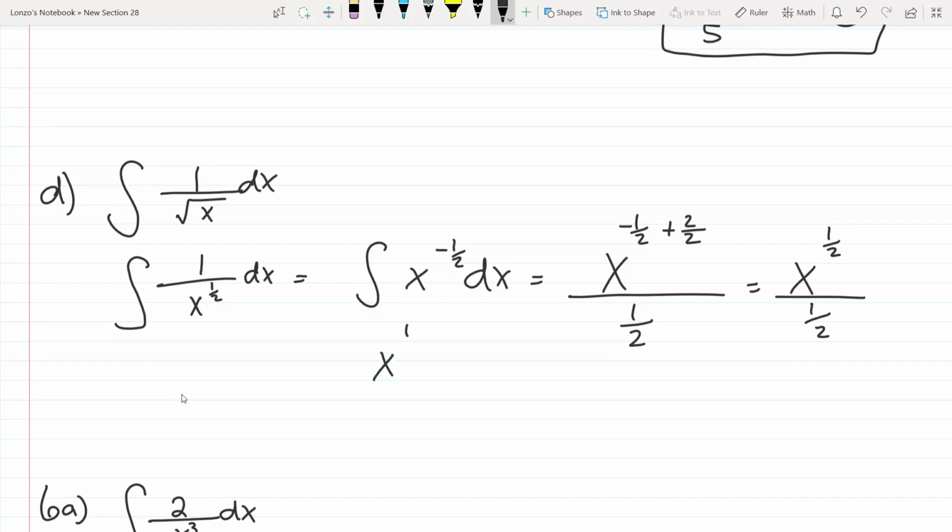So that's going to be x to the 1/2 divided by 1 over 2. Cross multiply, so that's 2x to the 1/2 over 1. So 2x to the 1/2, I guess you can rewrite it as 2 times the square root of x. Let's see.